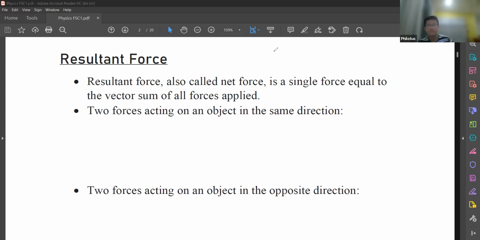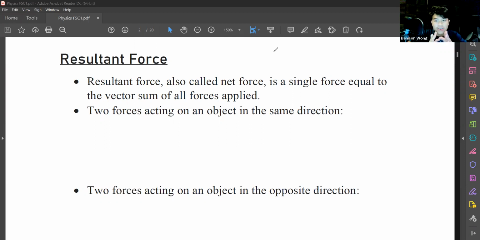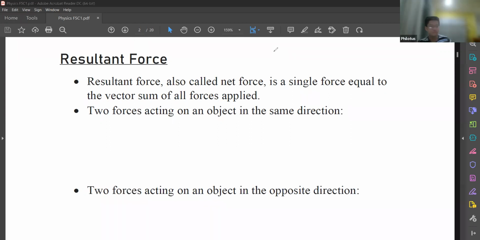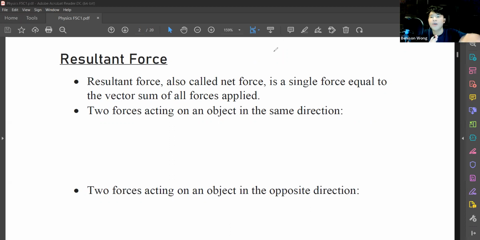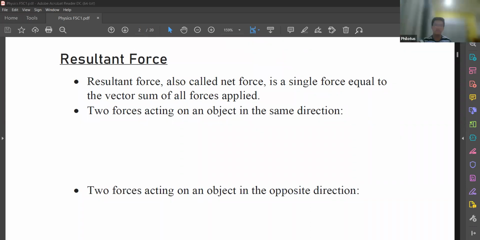You learn it in maths, right? If you learn vector in Form 4 physics, you learn vector in your Form 4 maths, I'm sure you are expert of the meaning of vector already. So whatever I'm going to show you today, you will confirm understand. It's just the same thing.